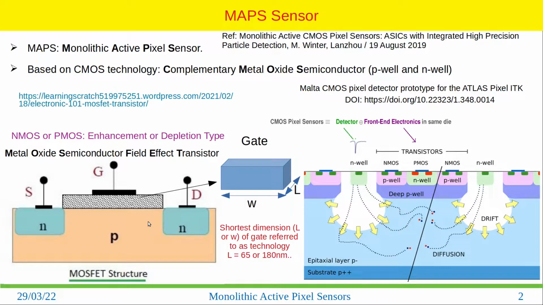You can see here also a p-type structure, then an n-type doping, and then a gate. So this is an NMOS transistor, and then we create a deep p-well, which allows us to also create a PMOS transistor and again an NMOS transistor.